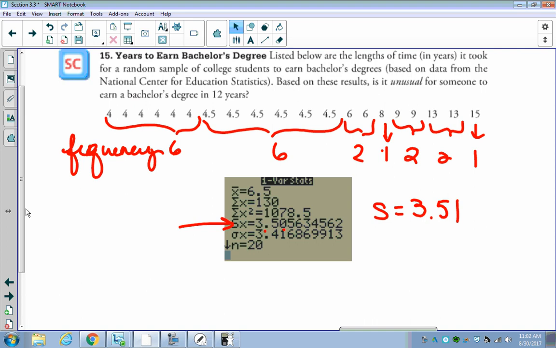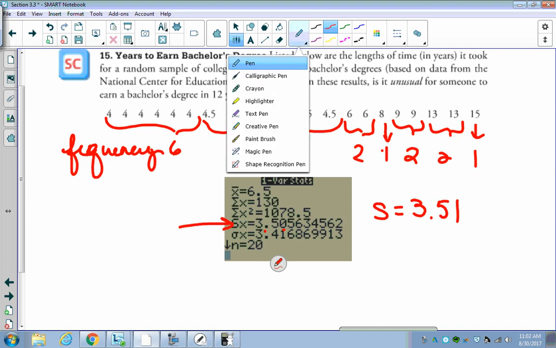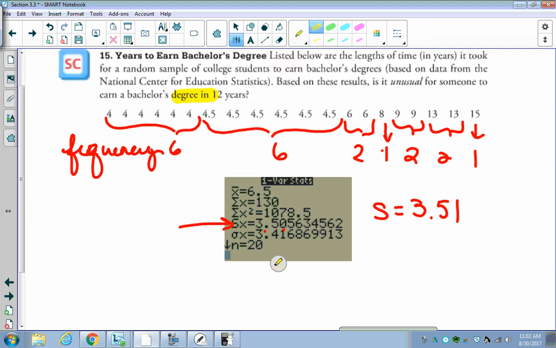And to find out if the number of years is unusual, because that's the question, we have to do the calculation.